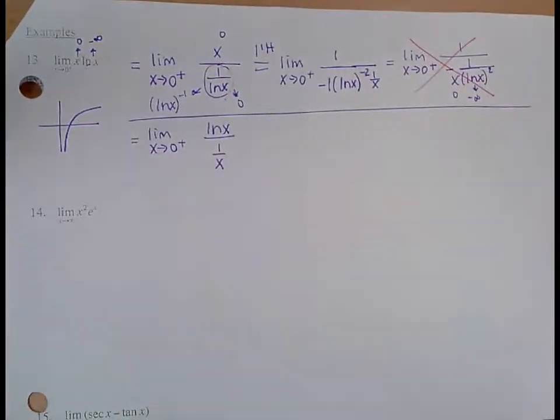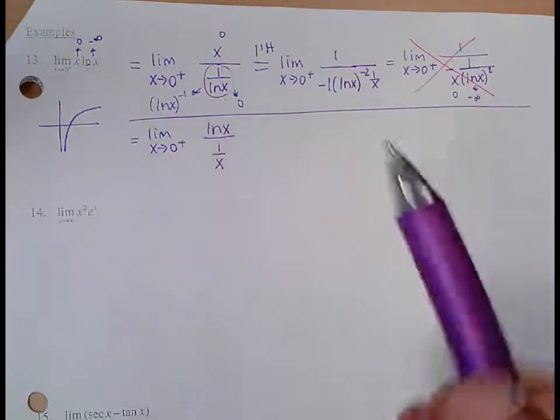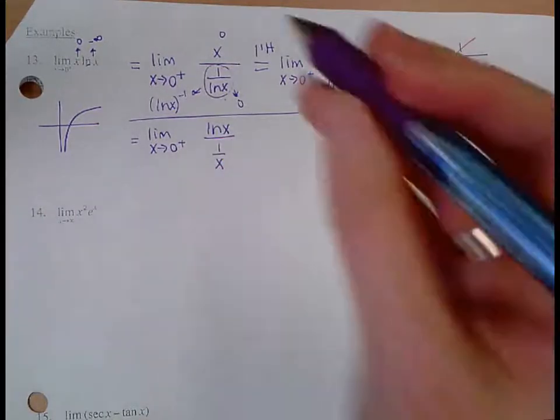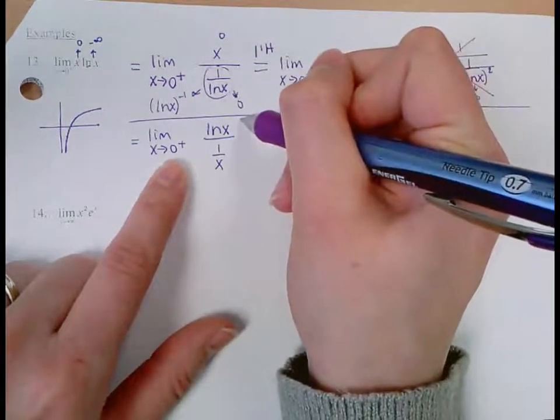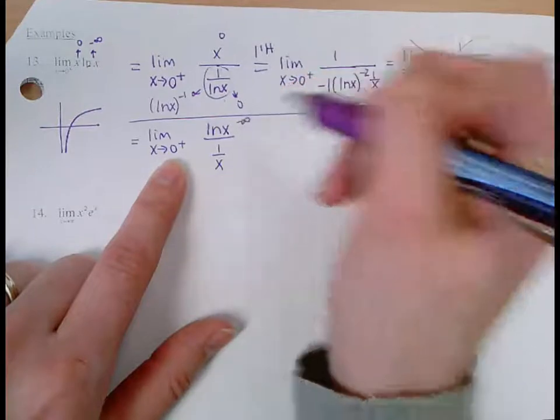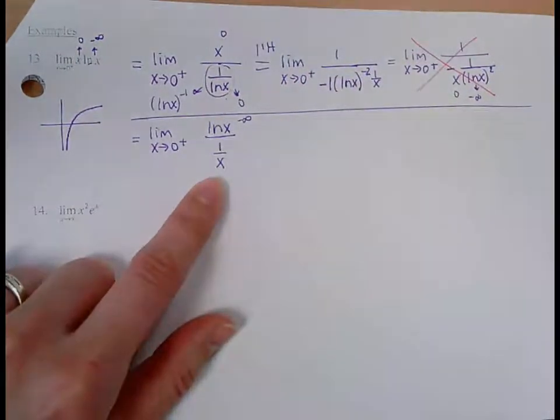And you're only going to find that just by trying it. So it's not like I can just tell you, here's what you should do every time, because it's different. So say you rewrote it this way. Can I still apply L'Hopital's rule? The top, as x approaches 0 from the right, approaches negative infinity, we determined. If on the bottom you have 1 over 0, it's undefined.